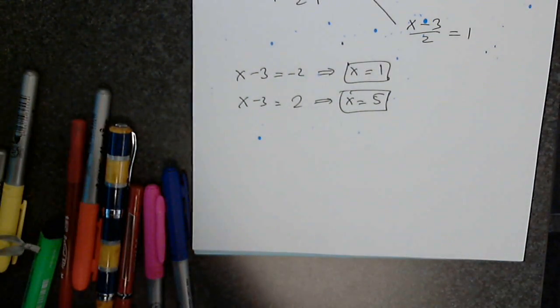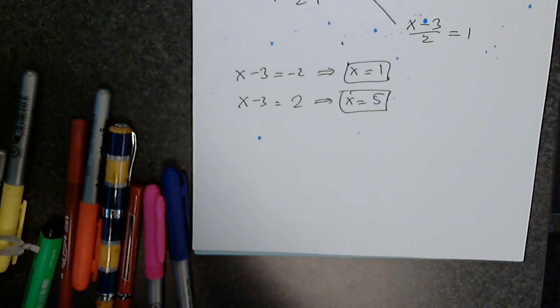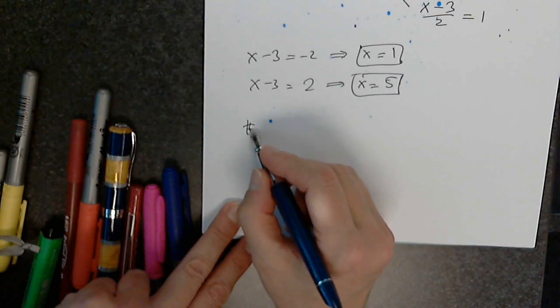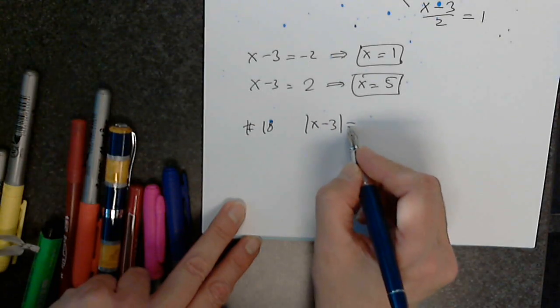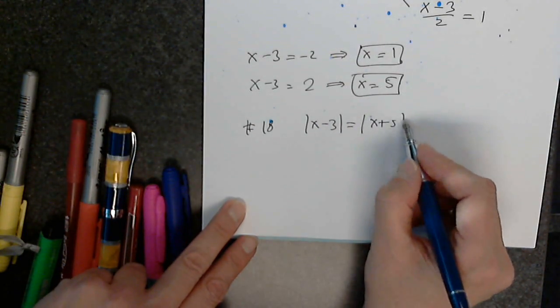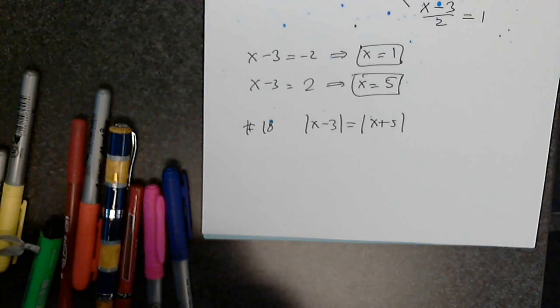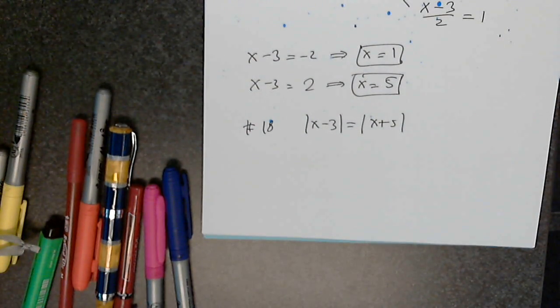Yes? Okay. Problem 18. In problem 18, we have the absolute value of x minus 3 equals the absolute value of x plus 5. Okay, 1 minute. If anyone wants to get us started, I'll write the starting point.